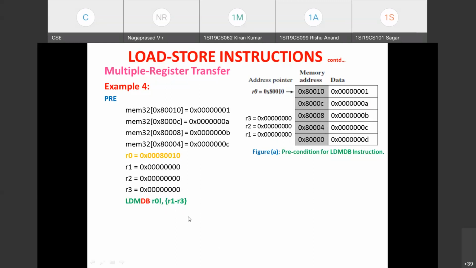Once this instruction is executed, can you tell what will be the R0 register content and what will be the contents of R1, R2 and R3 registers? It is decrement before. What is the final content of the R0 register?